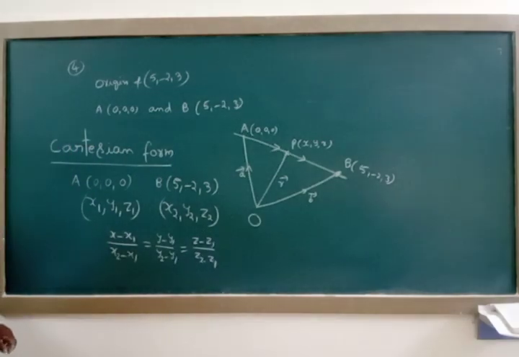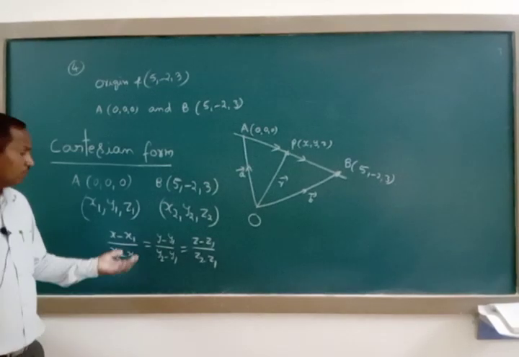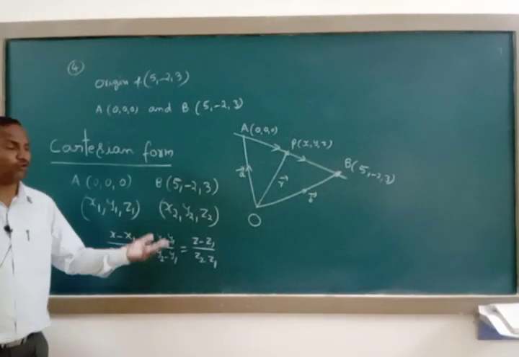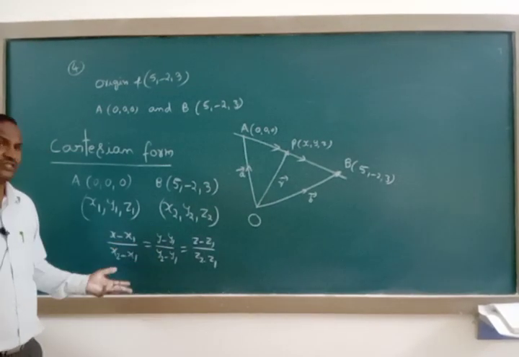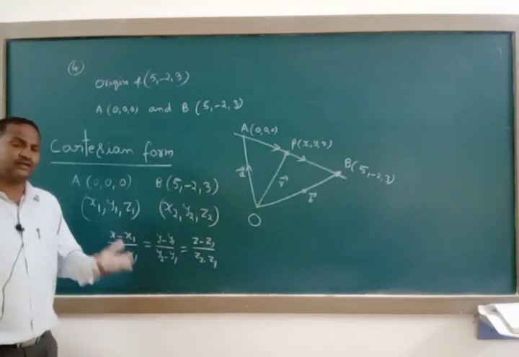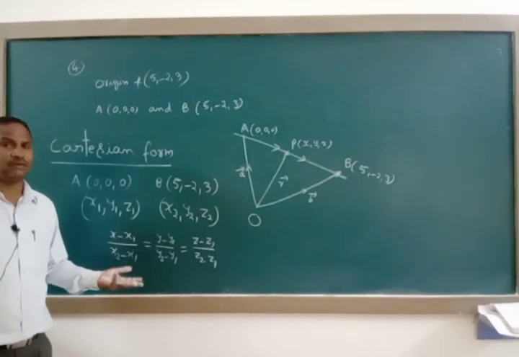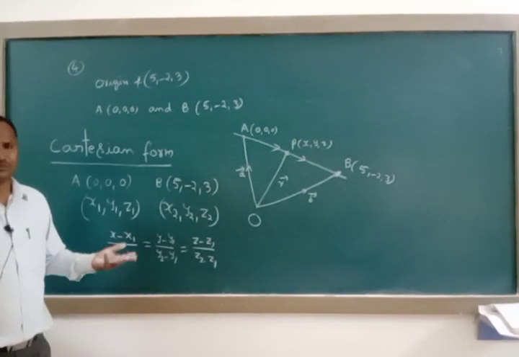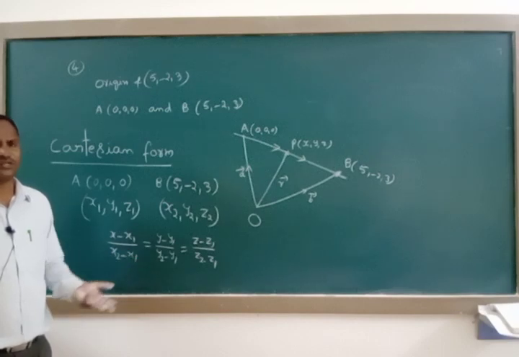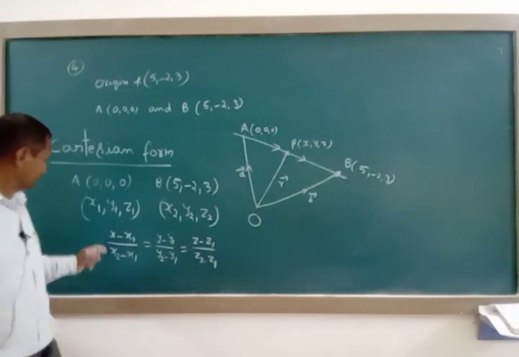Lambda you may write or you may not write. Whenever need is there in that question, you should write lambda. Now no need of lambda here, so I am not writing it. To some questions we need lambda also, whenever we are going to find some points. Here we are not finding any point, just finding only the equation, so no need of writing lambda here.